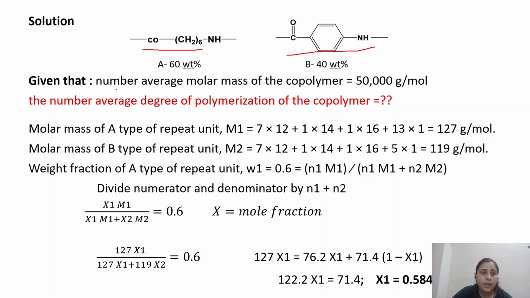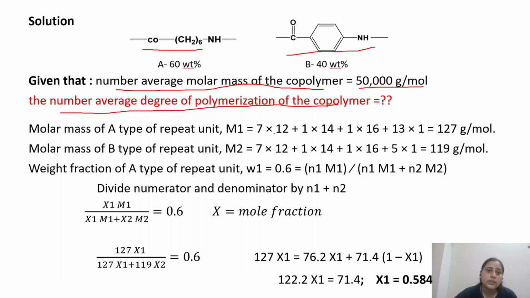And the number average molar mass of the copolymer is already given, which is 50,000 gram per mole, and the number average degree of polymerization of the copolymer needs to be calculated.